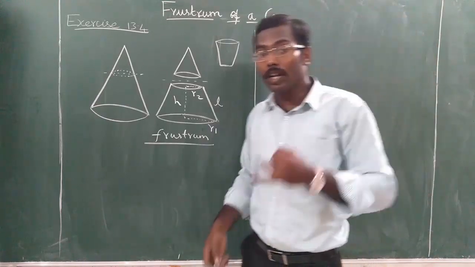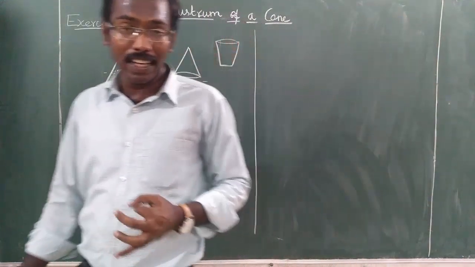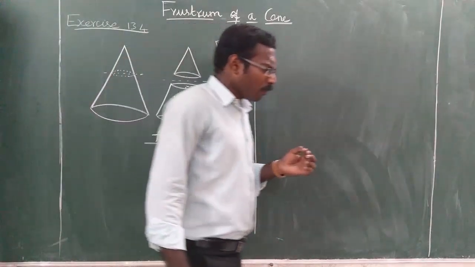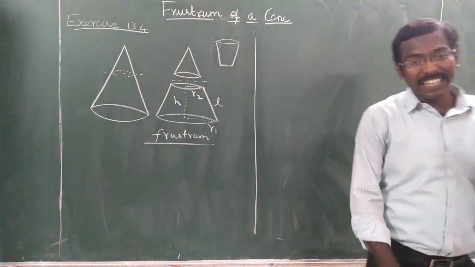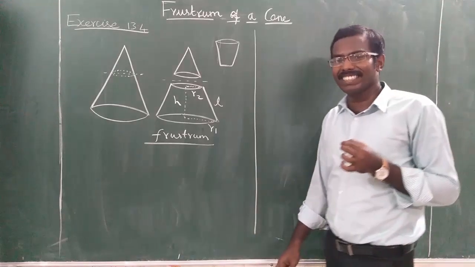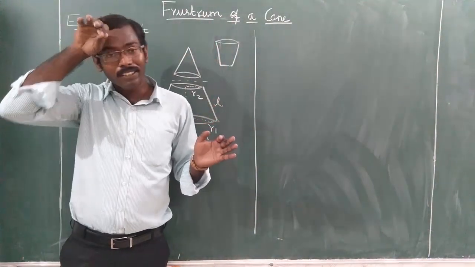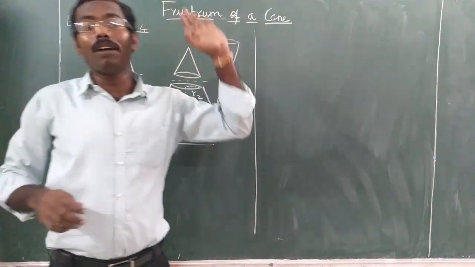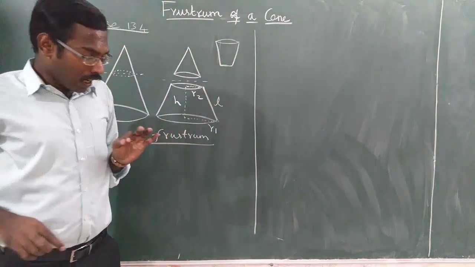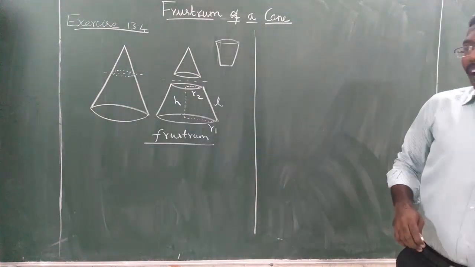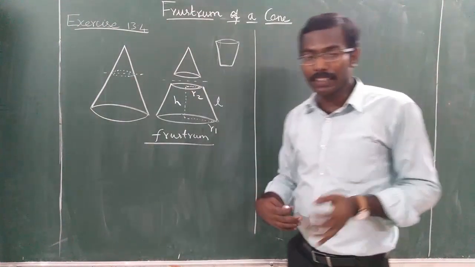Formulas in the sense volume, curved surface area, and total surface area. But the derivation is very big, so you don't need to derive it. You study the formula directly. But for studying the formula, I will tell you some consideration.